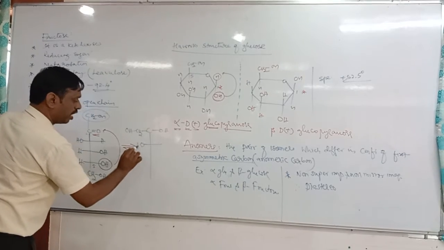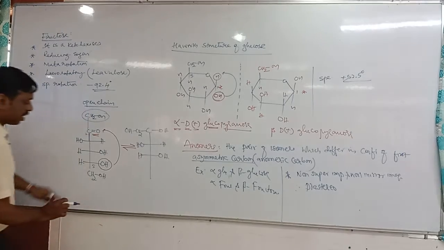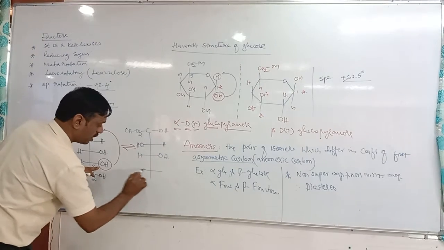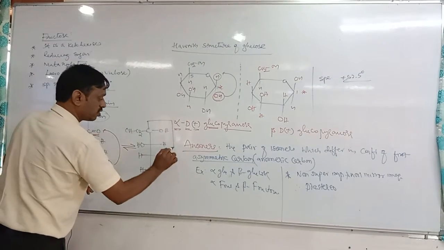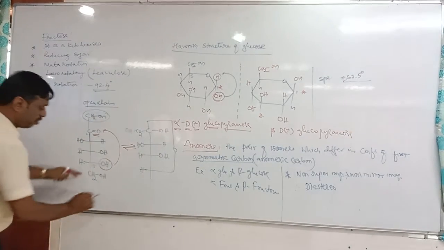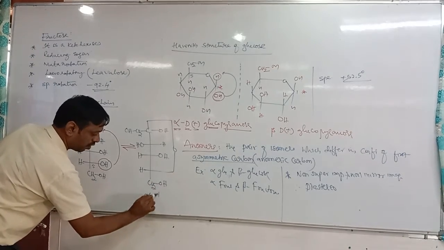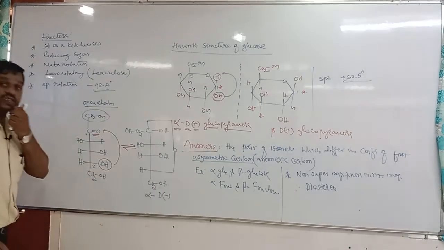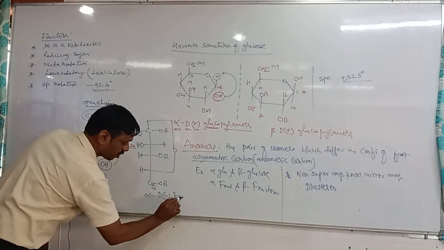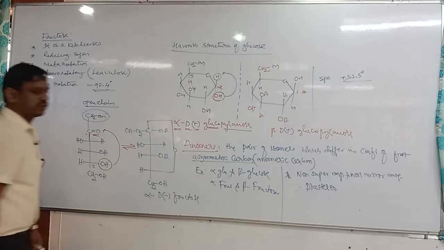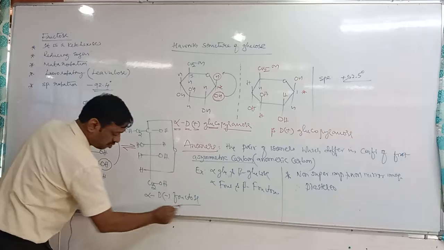Third carbon OH as usual, left side. Fourth carbon, right side. But the fifth carbon OH converts into a bond, that bond can be written like this. And the fifth carbon is CH2OH. This is called alpha D minus fructose, because fructose is levorotatory.